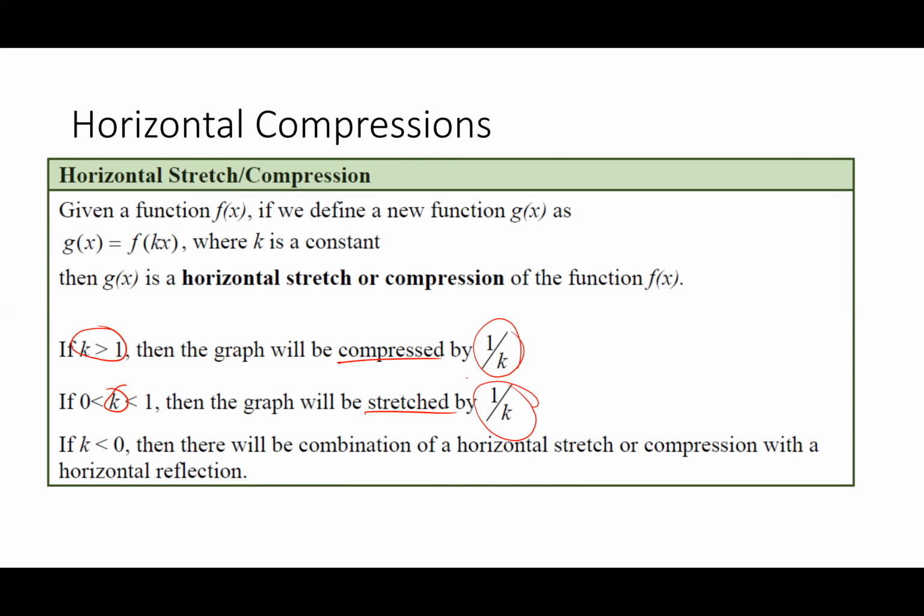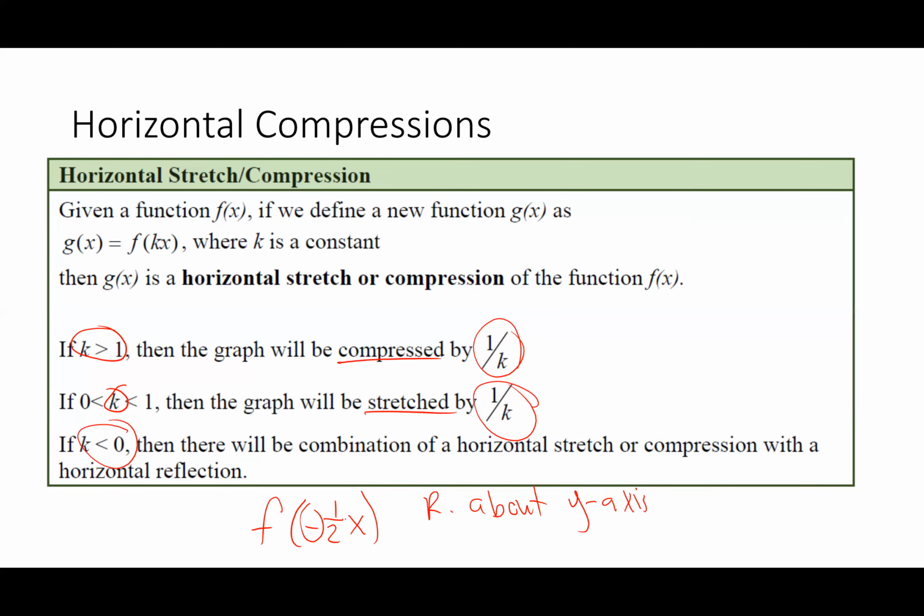In the same ilk, if you had a k value that's negative, that just means a reflection about the y-axis. So let's suppose we had something like f of negative 1/2 x. The negative here would mean reflection about the y-axis.